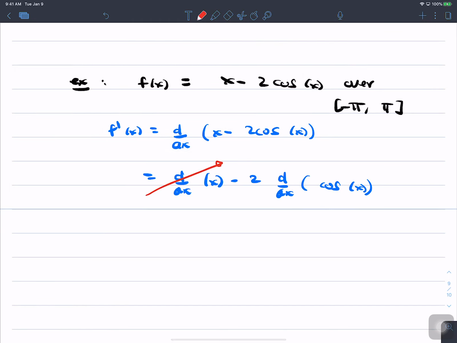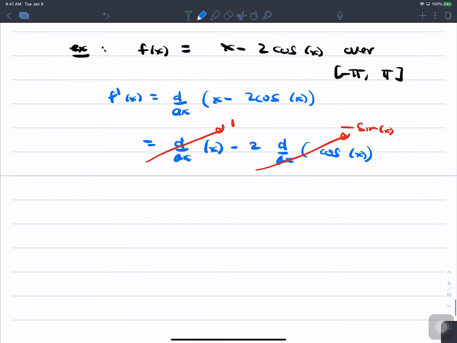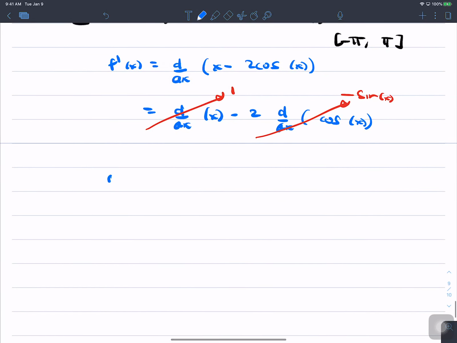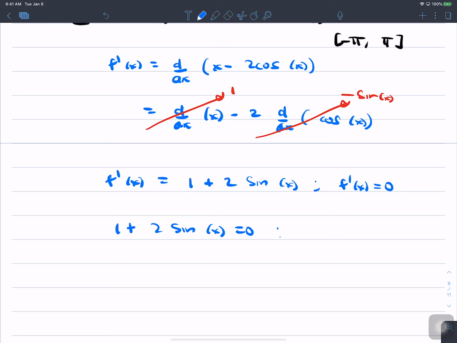Derivative of x is 1. Derivative of cosine is minus sine. So here's what we get: 1 plus 2 sine x. We have to set that equal to 0, so 1 plus 2 sine x is 0.